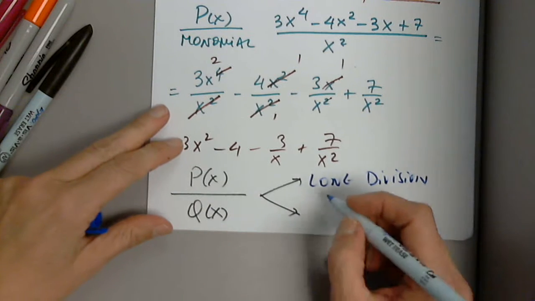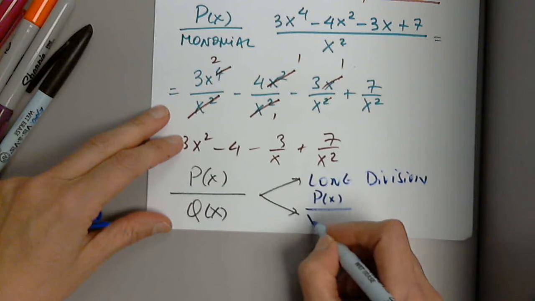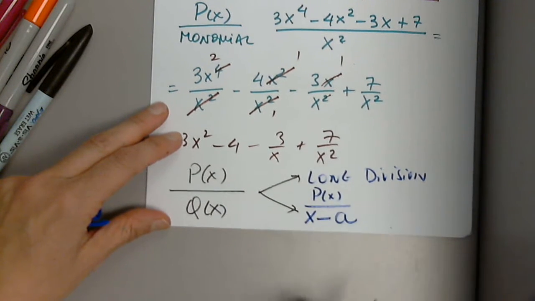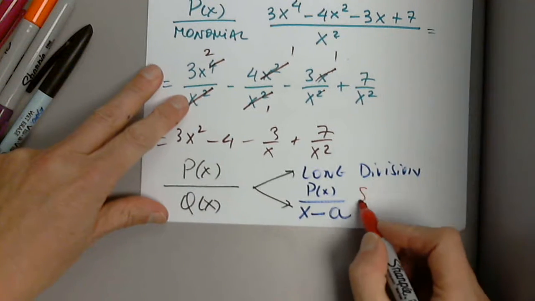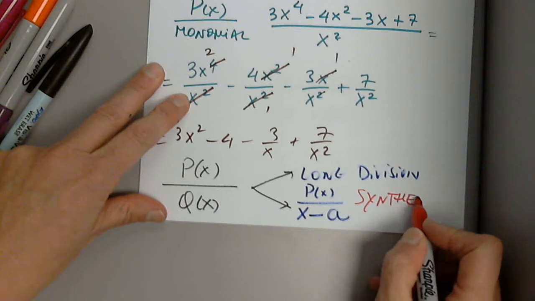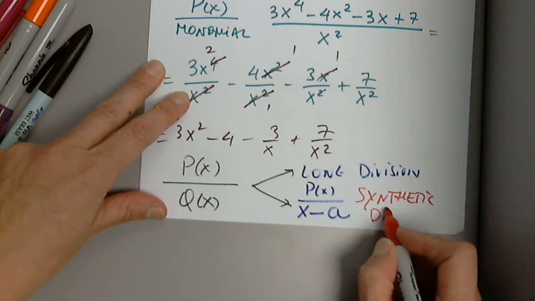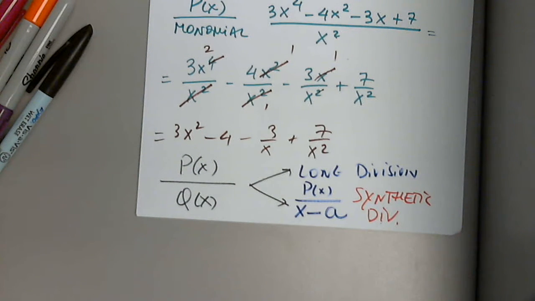Now, if the denominator is x minus a number, specifically, I can use the long division, but there is another method that is called synthetic division. So I'm going to refresh your memory on both.